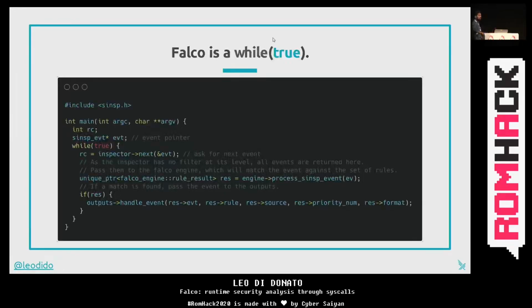It took a while for us to reach this point, but on the top level of the diagrams that we've seen right now, there was Falco with the icon of Falco. What remains of Falco is just a very simple continuous loop that reads those events by calling the next method of a libsinsp inspector instance, and outputs alerts about security threats you declared with Falco rules when its engine finds a match.